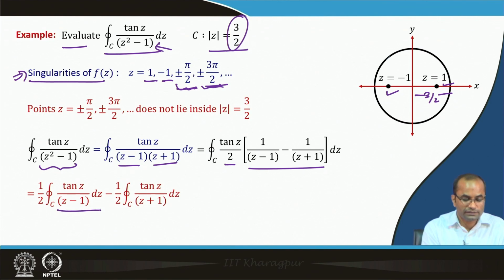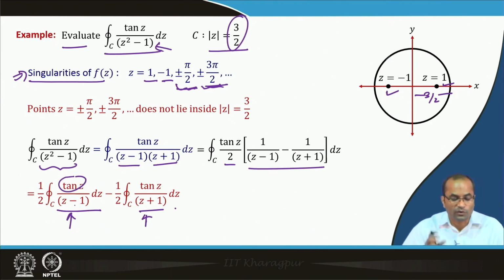The first integral is tan z over z minus 1, the second integral is tan z over z plus 1. Now we have exactly the form of the Cauchy integral formula, where we can directly apply the result. This is like f(z) over z minus 1, and this 1 is exactly a point inside the circle, and z equal to minus 1 is also inside the circle.